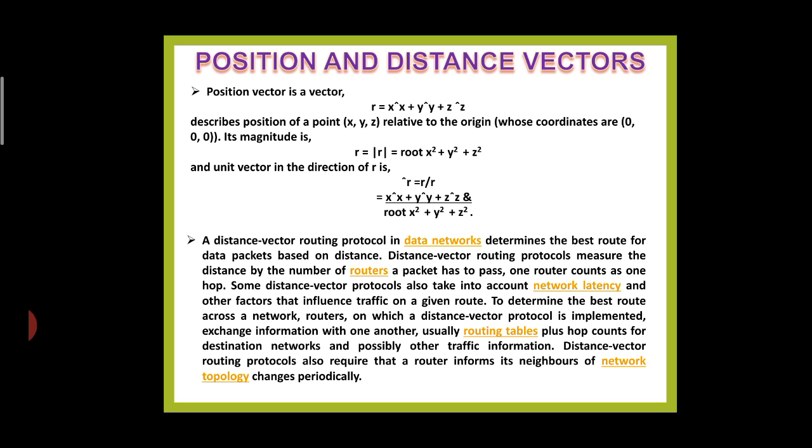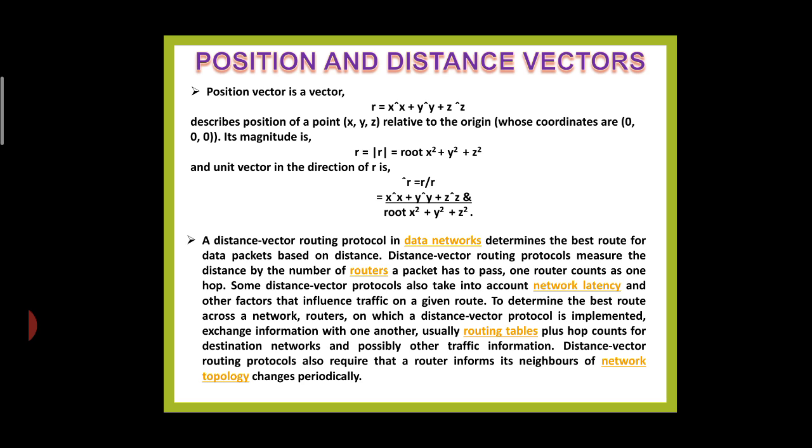Next, distance vectors. A distance vector routing protocol in a data network determines the best route for data packets based on distance. Distance vector routing protocols measure the distance by the number of routers a packet has to pass. One router counts as one hop. Some distance vector protocols also take into account network latency and other factors that influence traffic on a given route.